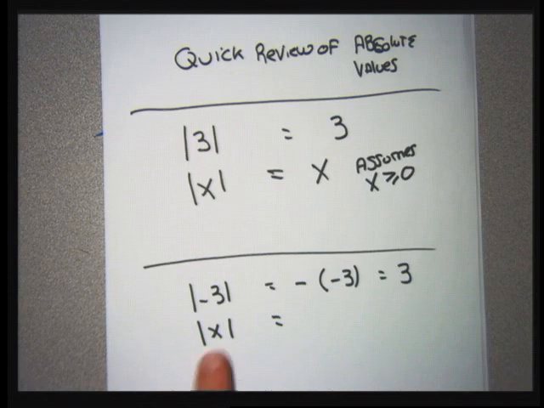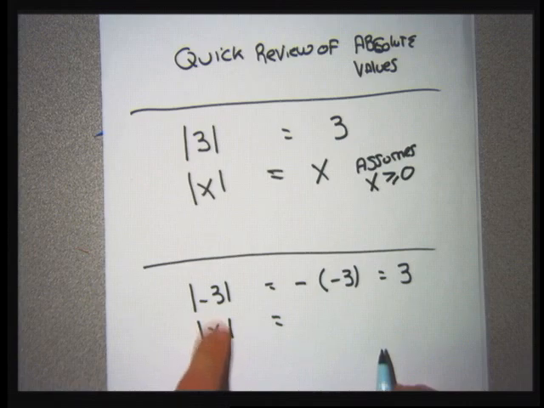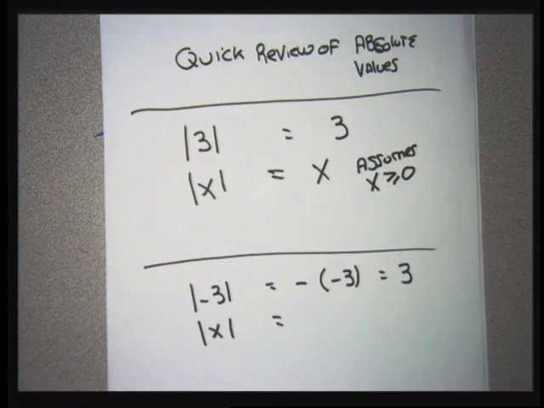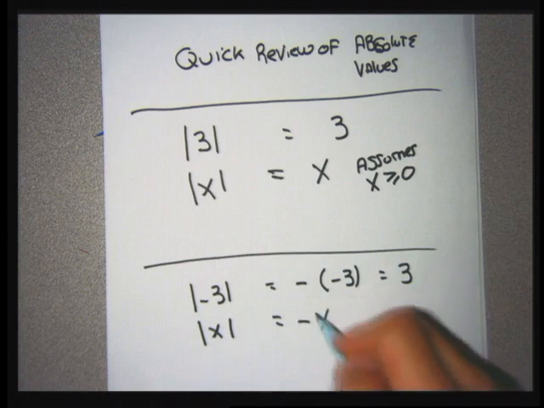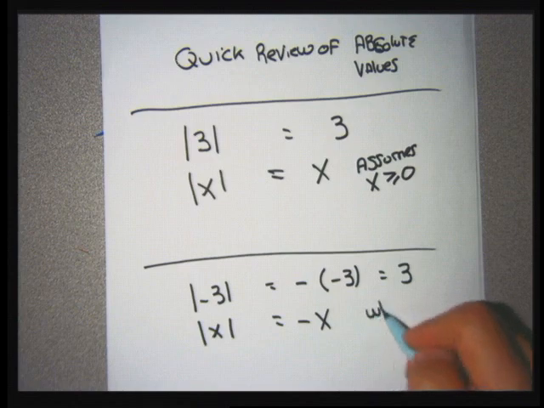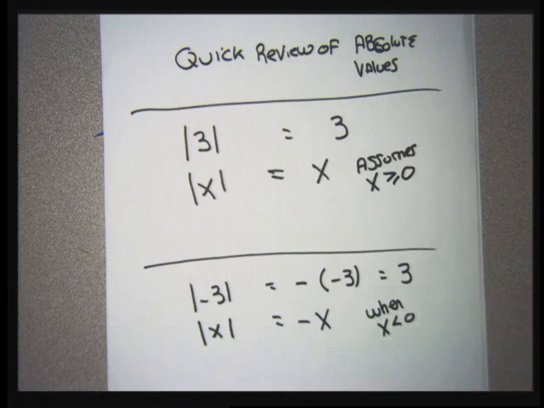However, if this was like a scratcher's lottery ticket and I could scratch underneath this to see what x equals, and underneath this x I saw -5, well, this means x is holding the place for a negative number. I can't say the absolute value of x equals x. The absolute value of x in this case will be the opposite of x. That is, when x is less than 0, or it assumes x is less than 0.